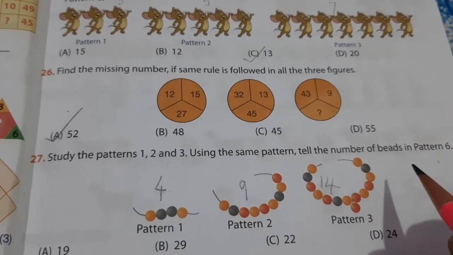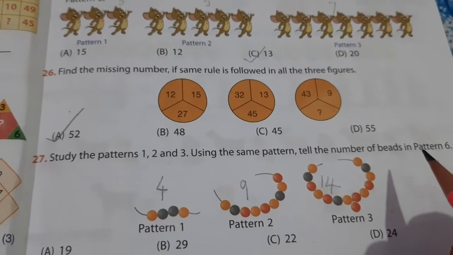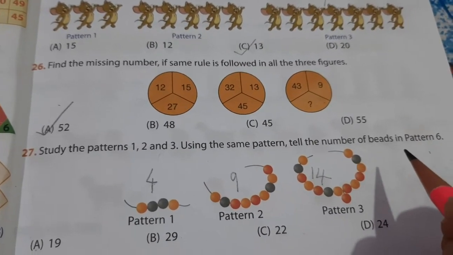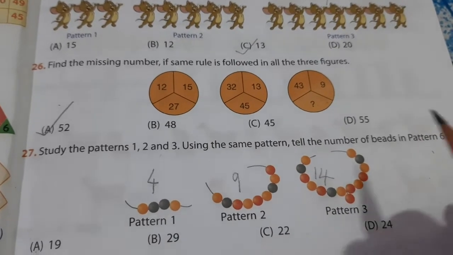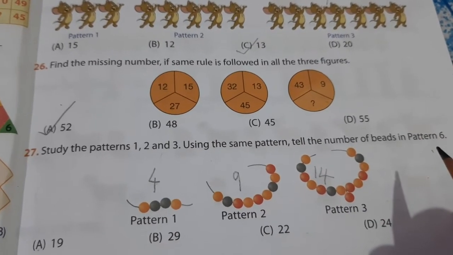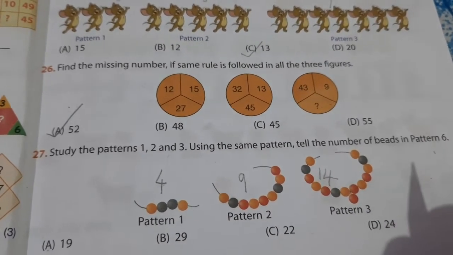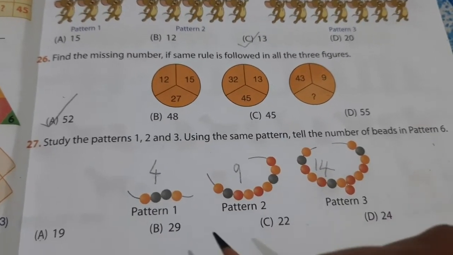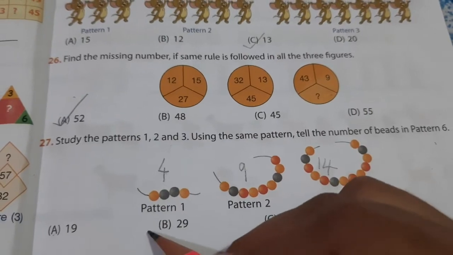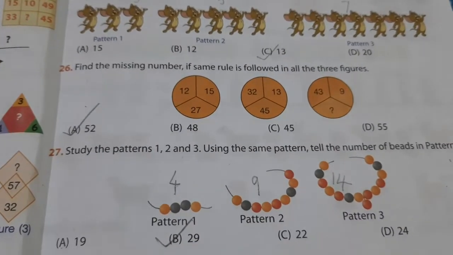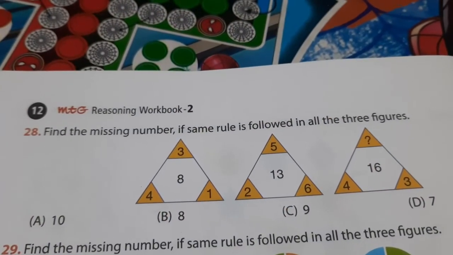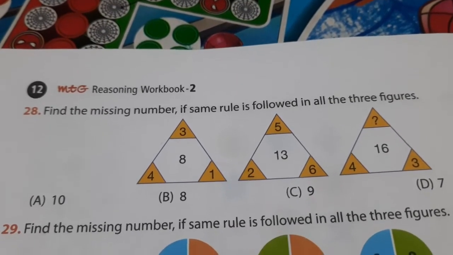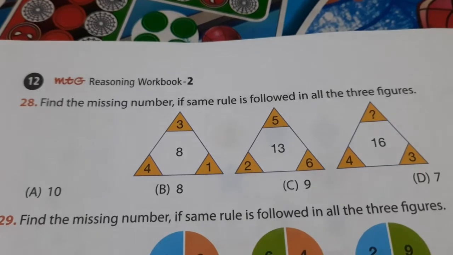Pattern number 5 will have 5 more, which is 19 plus 5, making it 24. And pattern 6 will have 5 more, which is 24 plus 5 equal to 29, which is option B. Let us look at the next question. Find the missing number if the same rule is followed in all the three figures.